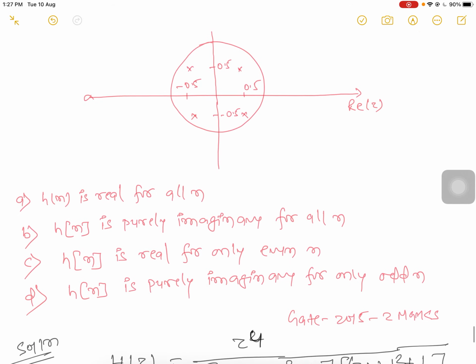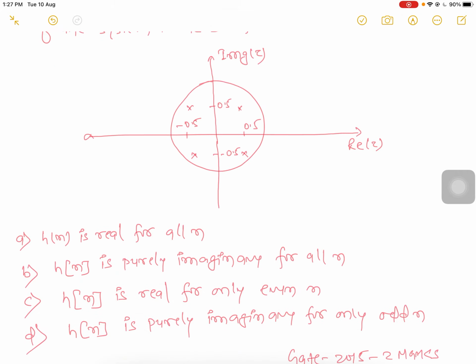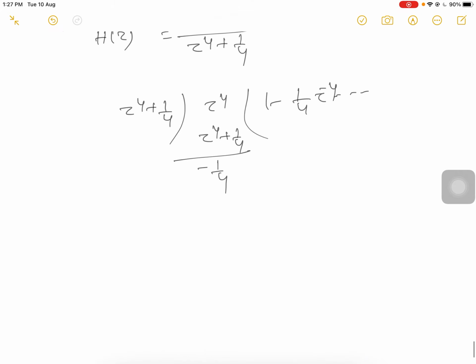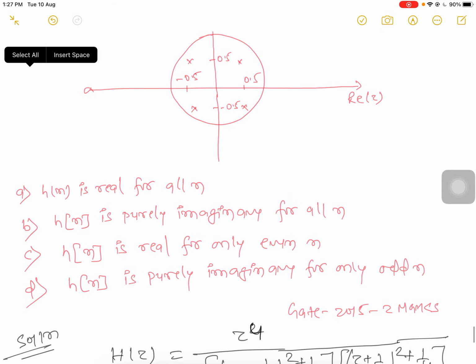So option A, h[n] is real for all n, will be right, because after the inverse we are taking 1 minus 1/4 and all the real values are coming. Okay, option A will be the right answer.